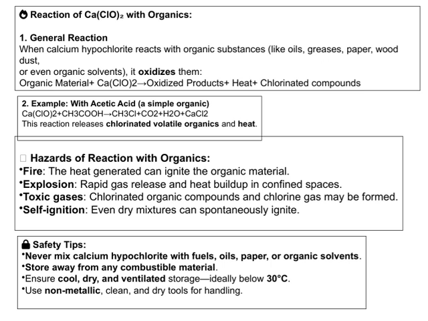In general, when calcium hypochlorite reacts with organic substances such as oils, greases, paper, wood dust, or organic solvents, it oxidizes them. This oxidation process results in oxidized products, heat, and chlorinated compounds, highlighting the importance of careful handling and storage to prevent accidental reactions and hazards.